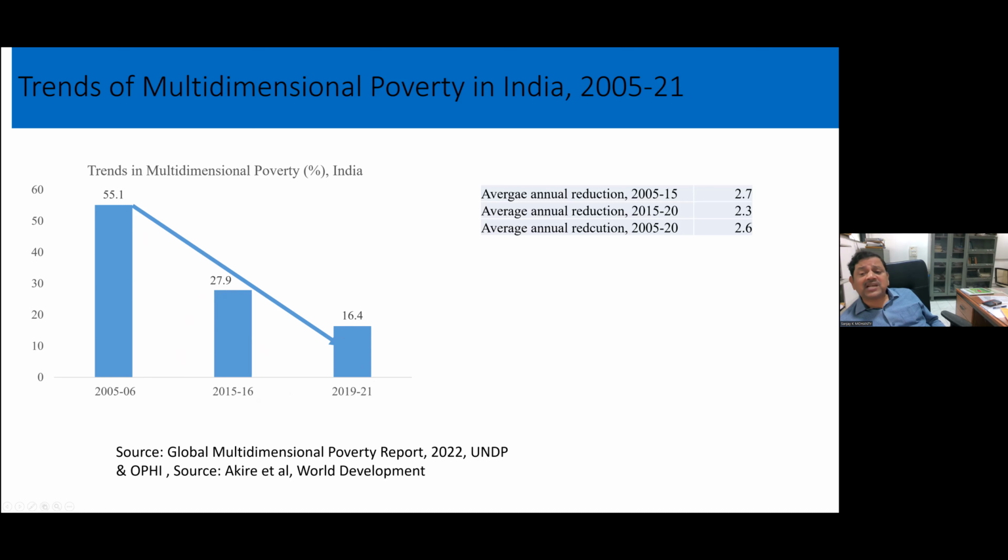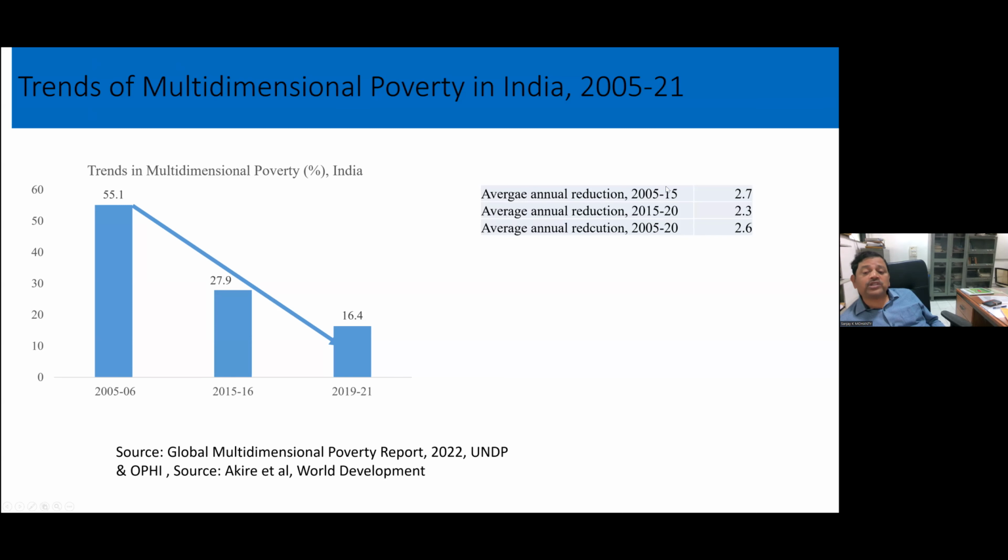Now, if you translate it in terms of annual reduction, how does it matter? So when I put the average annual reduction from 5 to 15, it was almost 2.7. From 15 to 20, it was 2.3. Of course, maybe the justification is that in the earlier phase the level was high, so the reduction was a little faster. But in the later period also, it continued to decline.